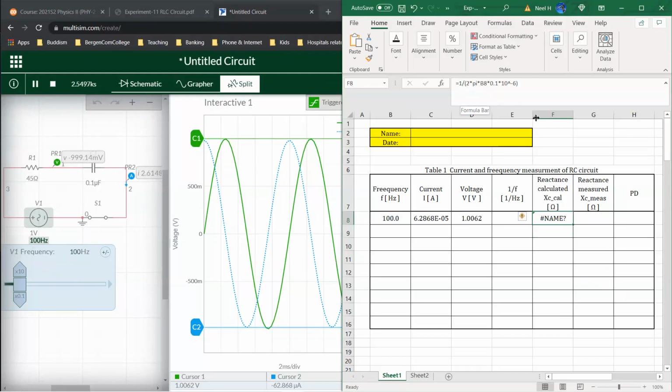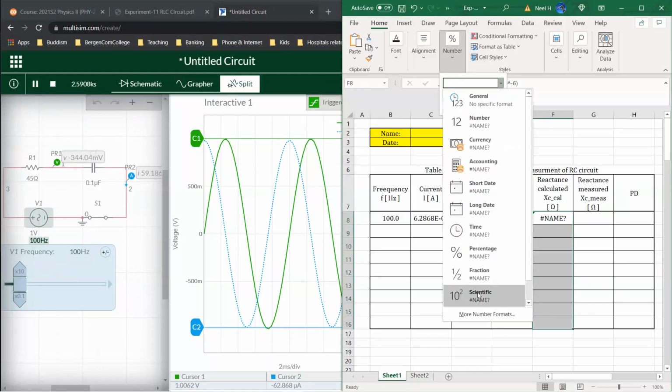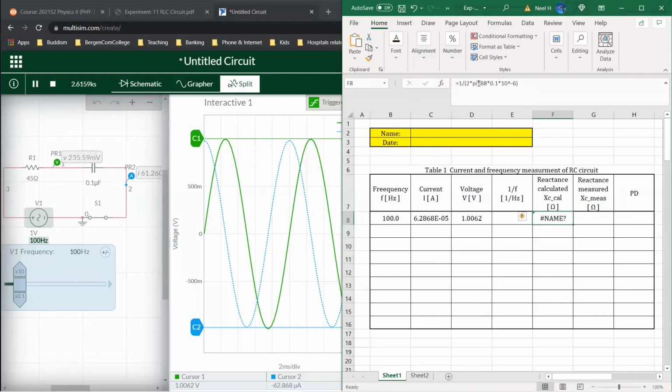Let me see this. Change this into maybe scientific. Oh, I know, because the pi command should be pi open and close brackets. Okay, so that's the reactance value for the low frequency level.